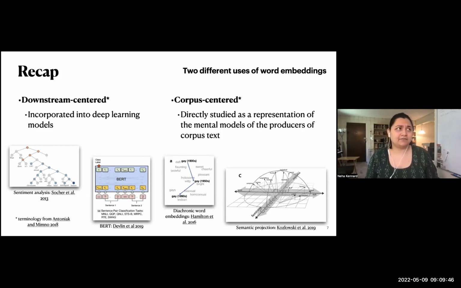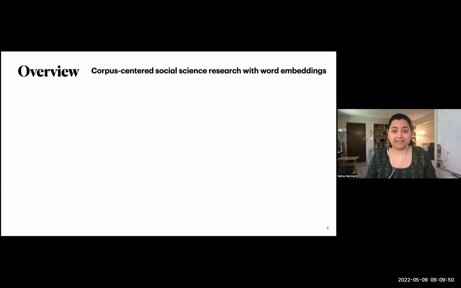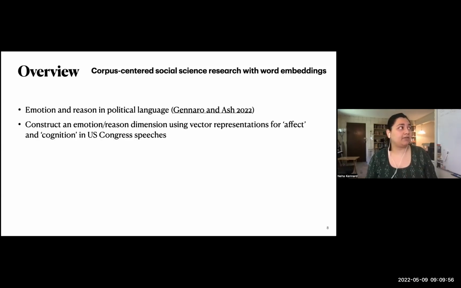Just to give a sense of what exactly corpus-centered research can look like, I want to mention one paper as an example. There's a paper by Gennaro and Ash that just came out this year, and they're talking about emotion and reason in political language. In the space of word embeddings, they find a dimension between emotion and cognition, and using that dimension, they describe how different participants in US Congress speeches behave.